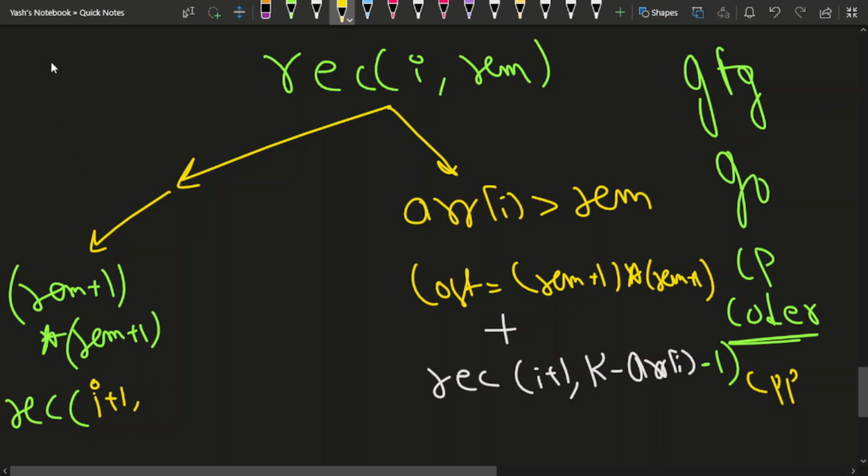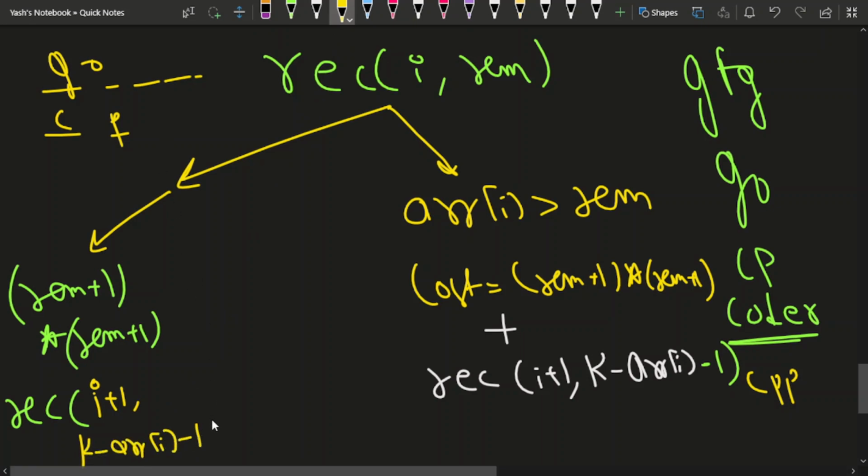So if you put this go here, and after that you had the CP word and you are in the new line, that means initially k spaces were left for you. So this recursive call will be nothing but k minus arr[i] minus 1, right?